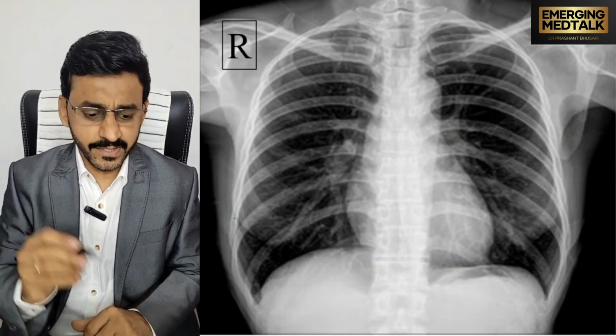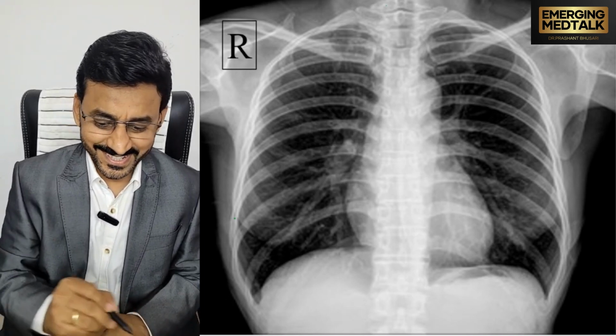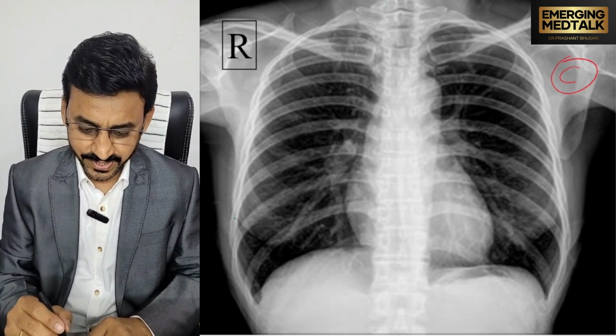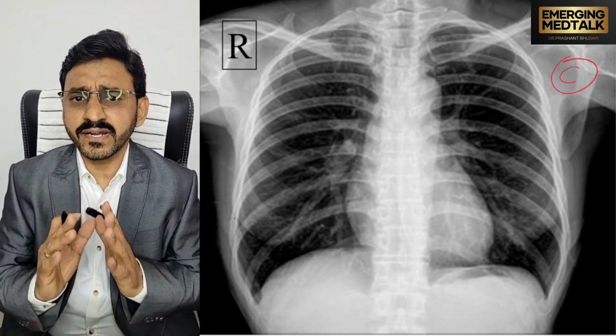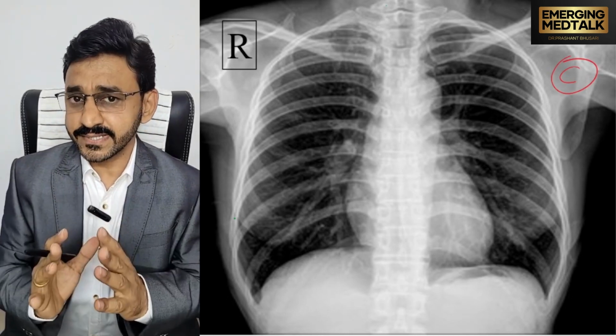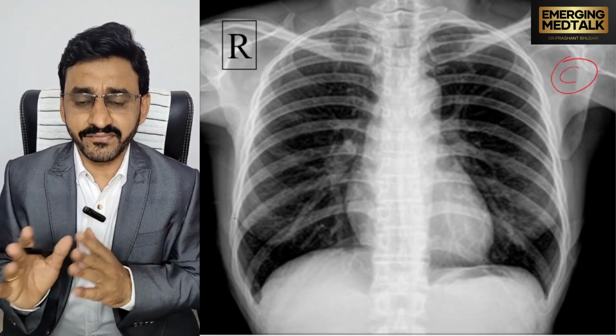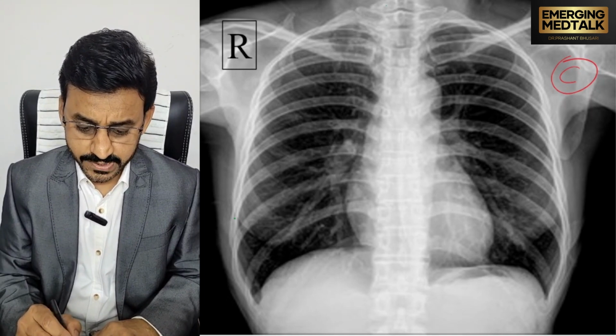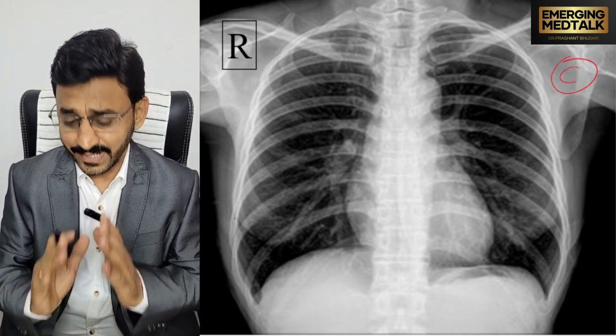After B, we will discuss the third, which is also important, the cardiac shadow, that is C. The heart is situated within the mediastinum between the right and left lungs, and we can see two borders, the right cardiac border and the left cardiac border.